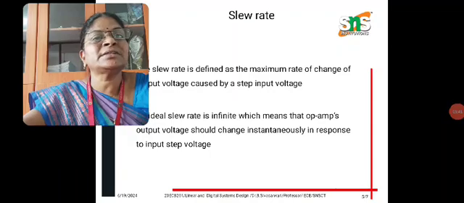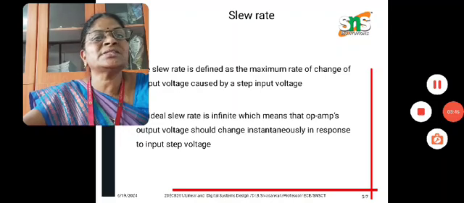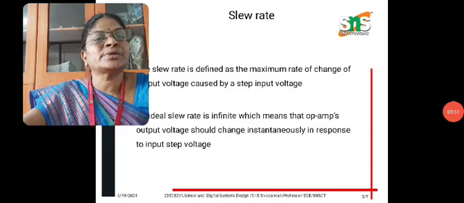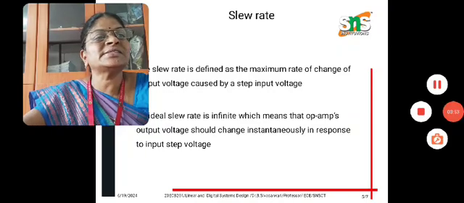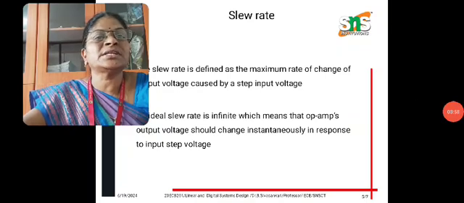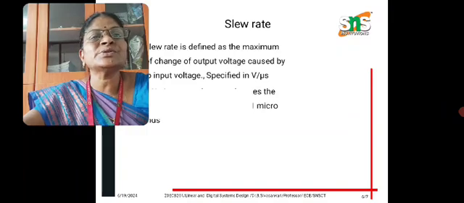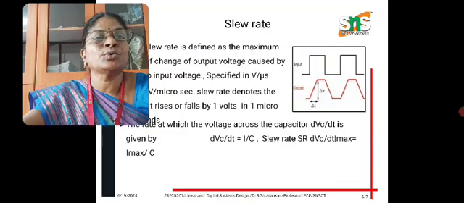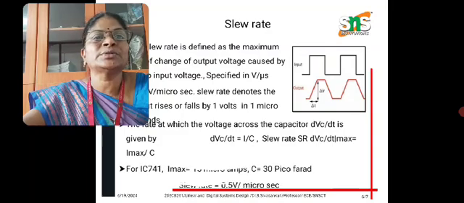That is nothing but the maximum rate of change of output voltage caused by a step input voltage, and an ideal slew rate is infinite, which means that the op-amp's output voltage should change instantaneously in response to an input step voltage.